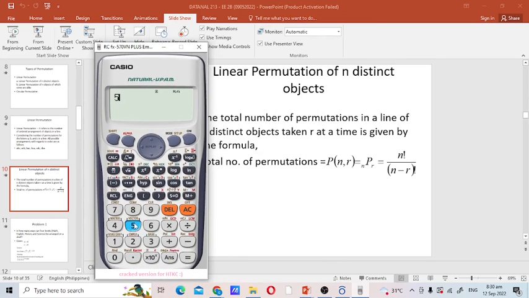So, 5 factorial, ito siya. Meron ka ditong factorial, ayun, x factorial. So, 5 shift, yun. So, 120. 5 times 4 times 3 times 2 times 1. Ganun siya.